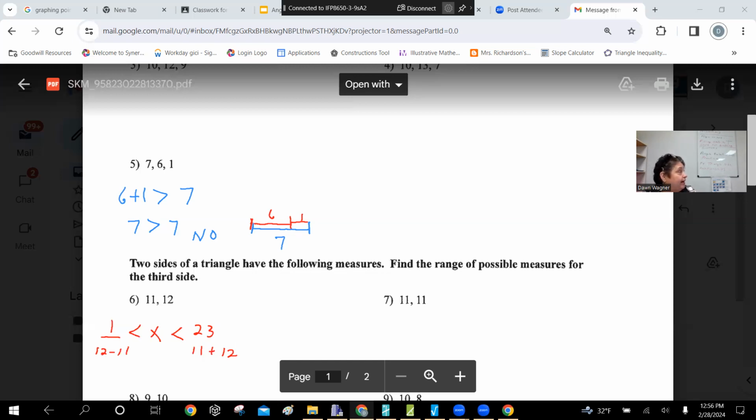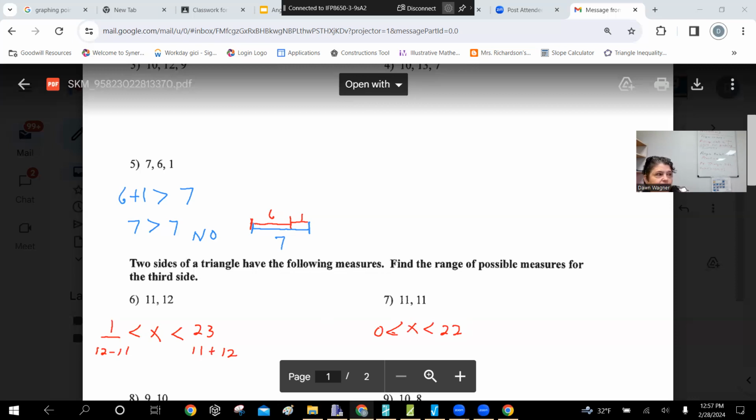That chicken wire would have to be greater than 1 foot and less than 23 feet to actually meet up to make a triangle. Does that make sense? Hopefully. It has to be in between those. So if I'm looking at 11, what's 11 minus 11? 0. And what's 11 plus 11? 22. It'd be in between 0 and 22.